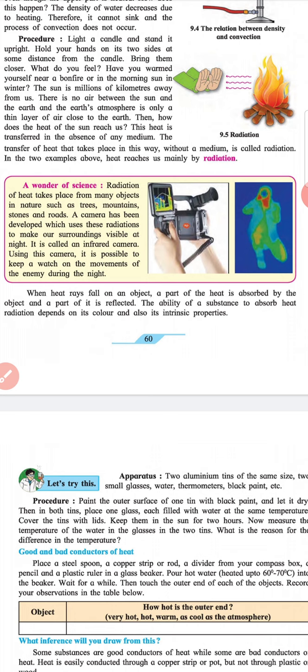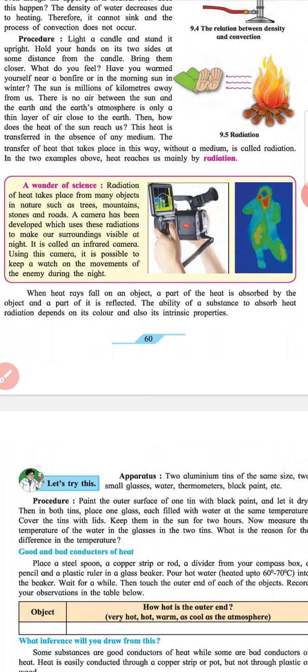Box. Heading. A wonder of science. Radiation of heat takes place from many objects in nature, such as trees, mountains, stones, and roads. A camera has been developed which uses these radiations to make our surroundings visible at night. It is called an infrared camera.